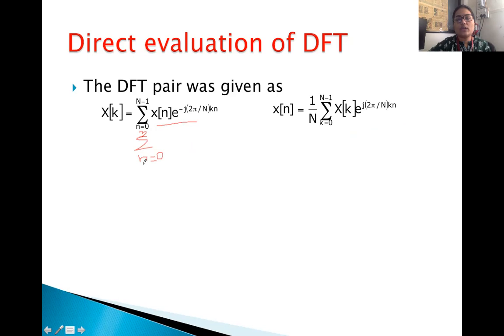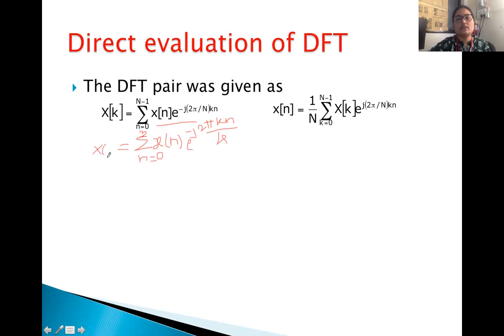Here it is x of n times e raised to minus j 2 pi k n divided by capital N, with N equal to 4, and that is equal to X of k.